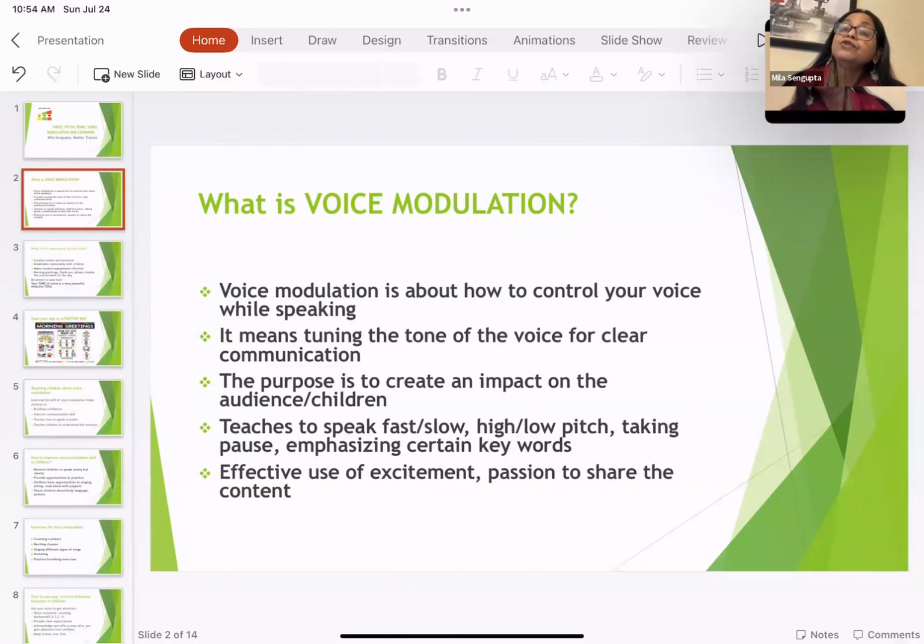Because if you don't keep that excitement alive in your voice and modulate your voice up and down, it makes the communication very boring, very monotonous, and that is our key.